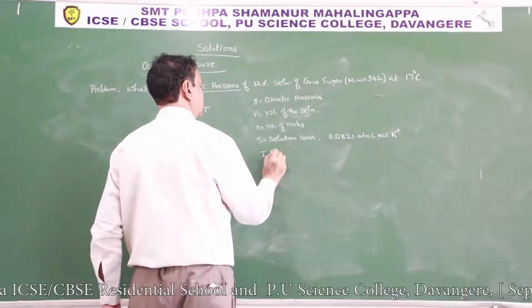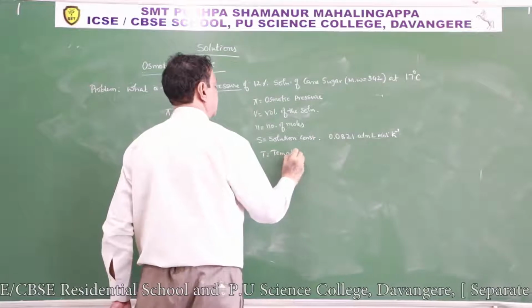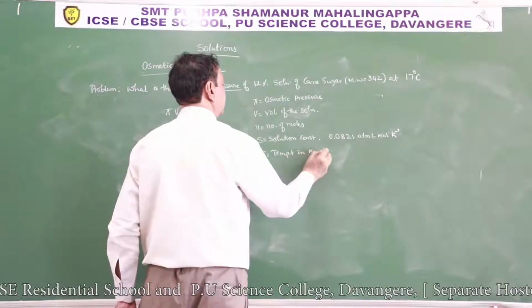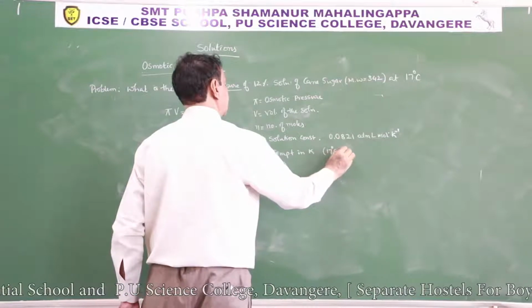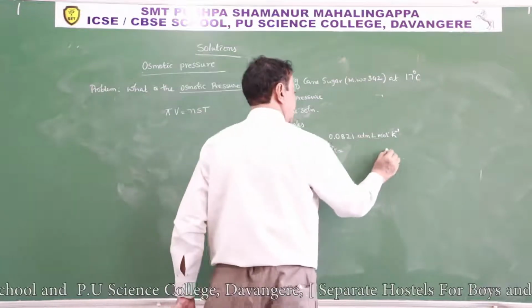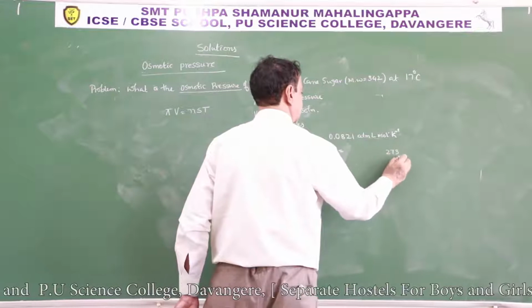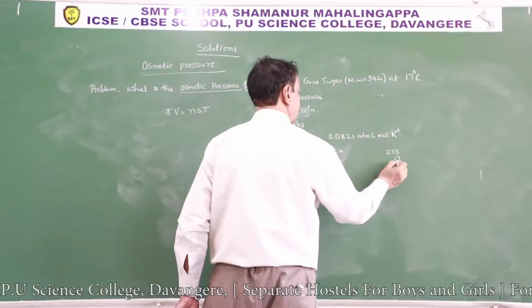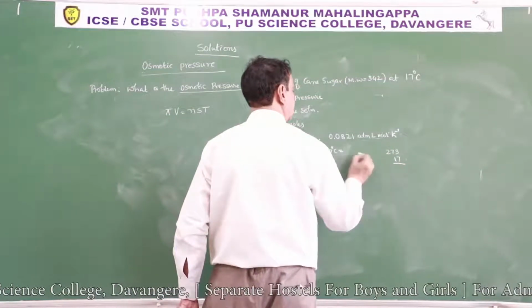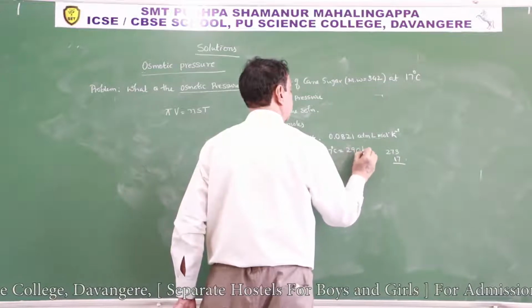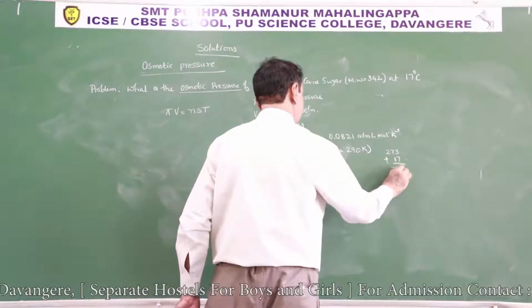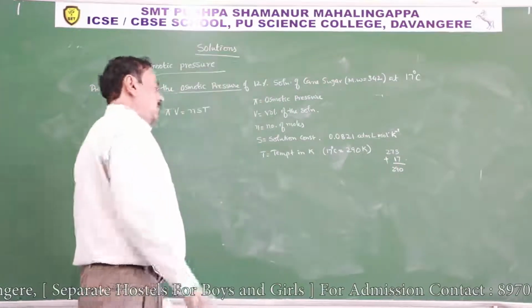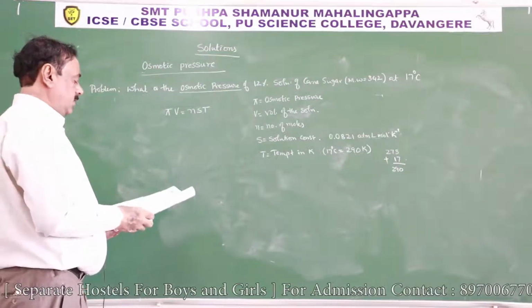T is the temperature in Kelvin, that is 17 degrees Celsius, 273 plus 17, which is equal to 290 Kelvin.